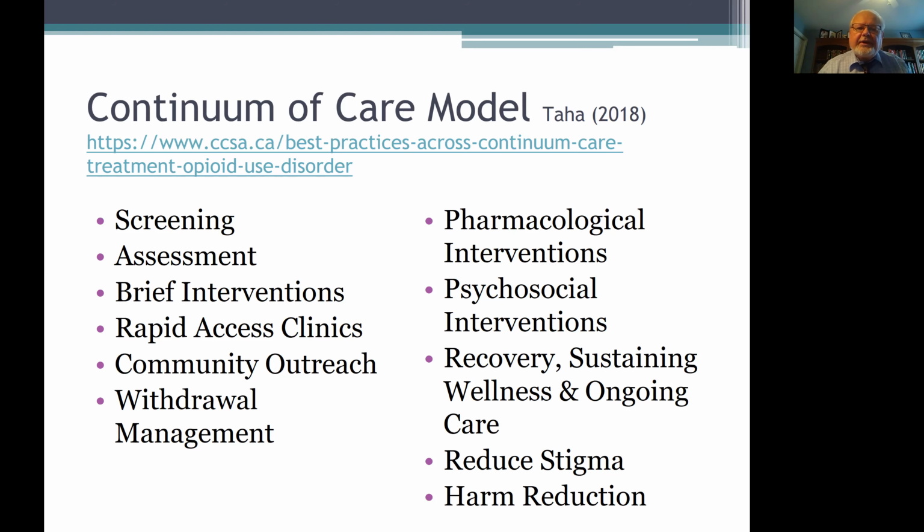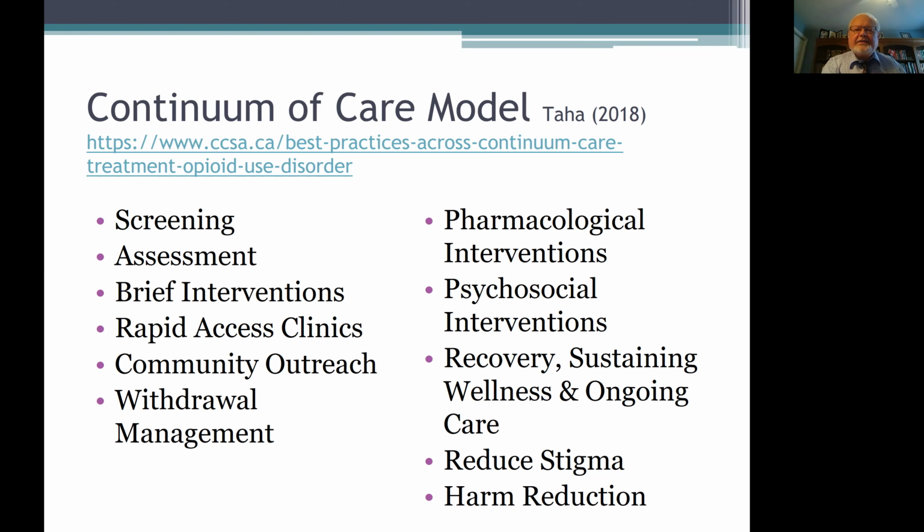It starts with a screening and assessment, has brief interventions through rapid access clinics and community outreach, has withdrawal management, and includes pharmacological interventions and psychosocial interventions, but it also focuses on recovery and sustaining wellness and ongoing care, acknowledging that it's not just a matter of treatment occurring and then there's no longer a problem with opioid use.